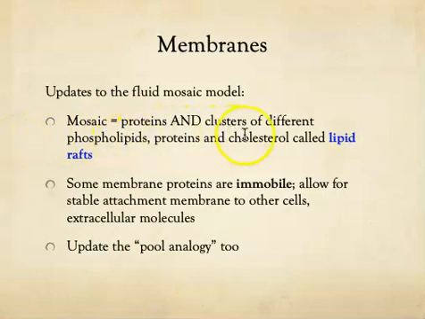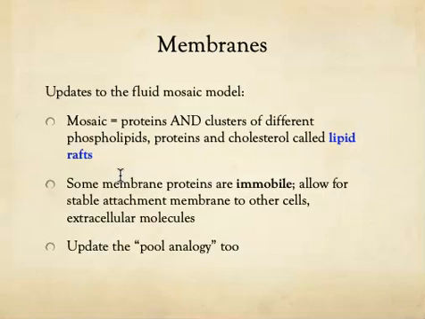Proteins and clusters of different types of phospholipids are going to vary in their fluidity. For example, there are regions that we now call lipid rafts within membranes. And functionally speaking, the phospholipids and the proteins that are within this lipid raft area are going to stay together.